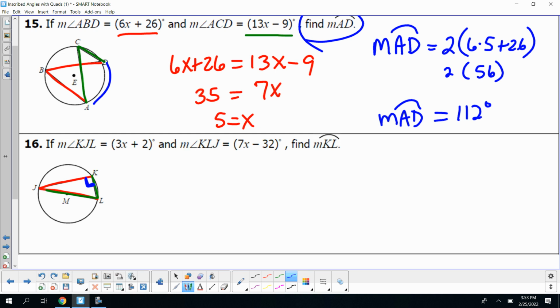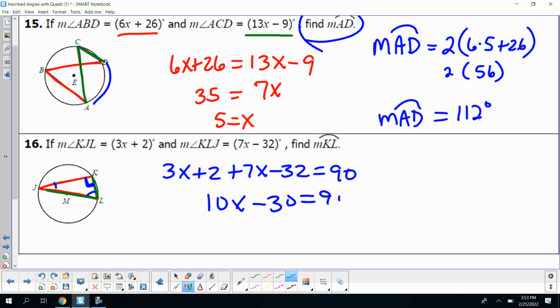So these two angles together are going to equal 90. So I can add those up, 3x plus 2 plus 7x minus 32, and that's going to be equal to 90. So simplifying, it gives me 10x minus 30. I'm going to add 30 to both sides. 10x equals 120. And then I have x equals 12.